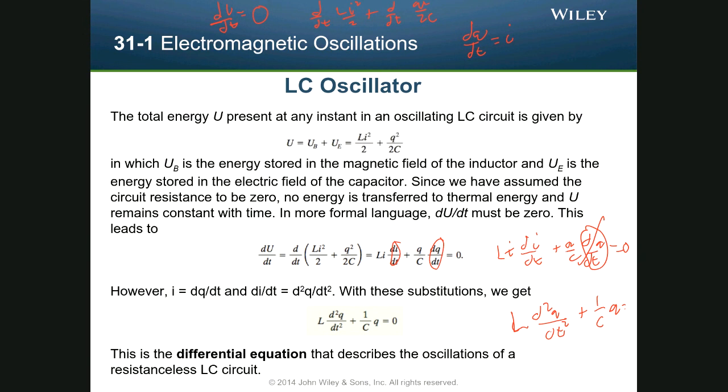And if you take differential equations, you'll see that this is a second order homogeneous differential equation, and this is also the differential equation for a harmonic oscillator. So this allows us to solve this equation. You want a function whose second derivative is equal to itself.